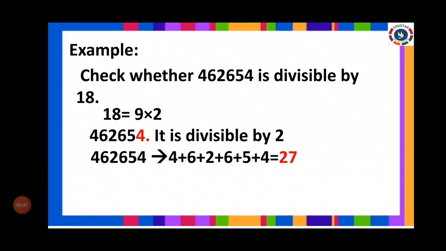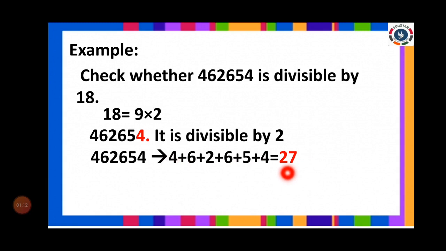And the next one, what is the rule of 9? We want the sum of all those digits. So we are adding here. 4,62,654: 4 plus 6 plus 2 plus 6 plus 5 plus 4. If we add all those numbers, we get 27. So 27 is coming in the 9th table. Am I right?